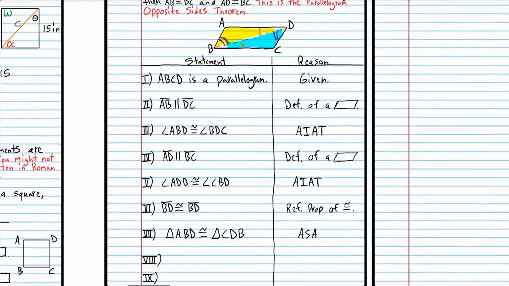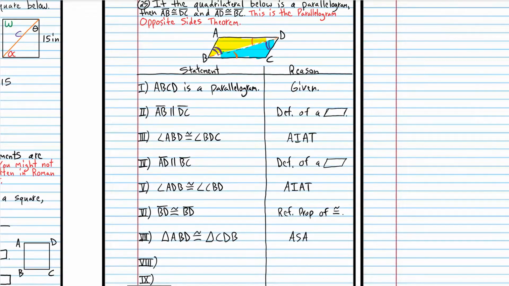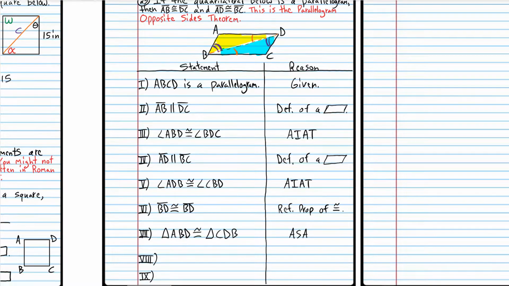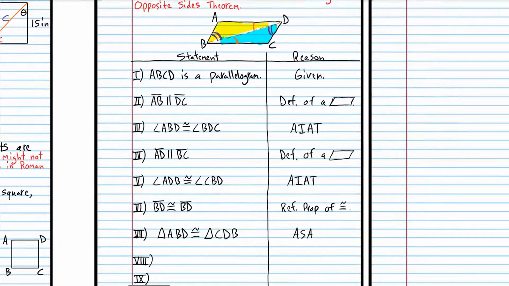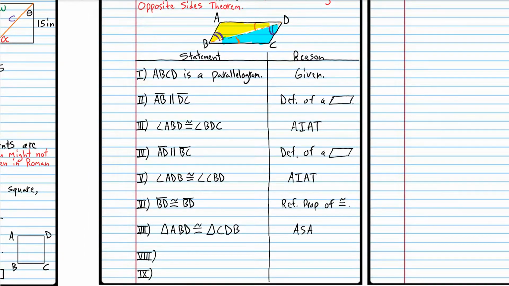So now that we know that the triangles are congruent, now we can say that corresponding parts are congruent. So we can say segment AB is congruent to segment DC. Because corresponding parts of congruent triangles are congruent.